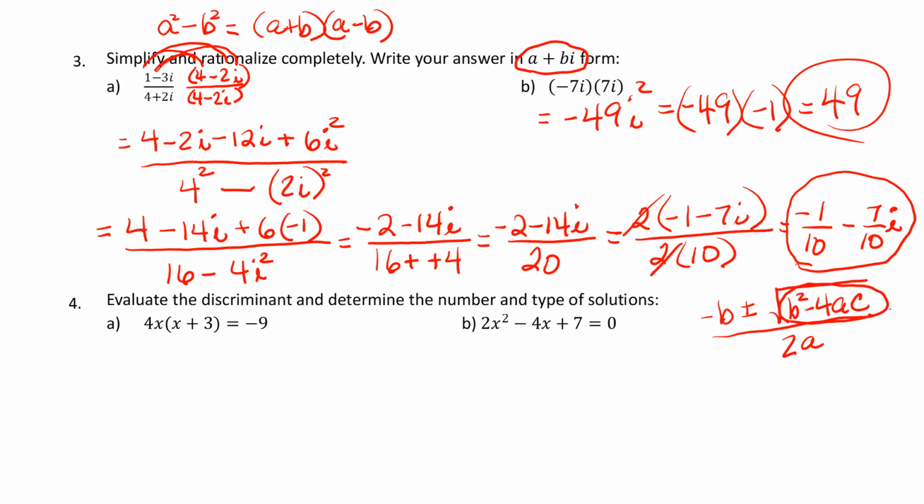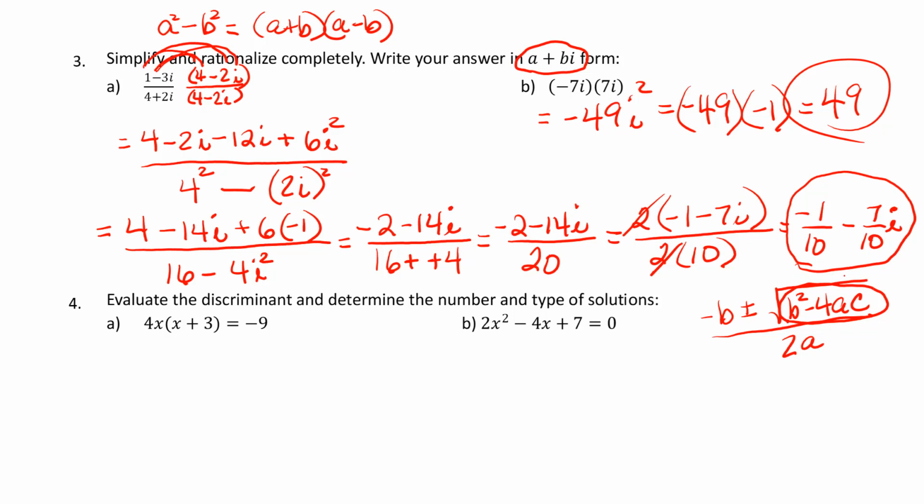If b squared minus 4ac, the discriminant, is a positive number, then you're going to have two solutions: negative b plus or minus the square root of whatever that positive number is, over 2a. So you'll have a plus and a minus, two real solutions.